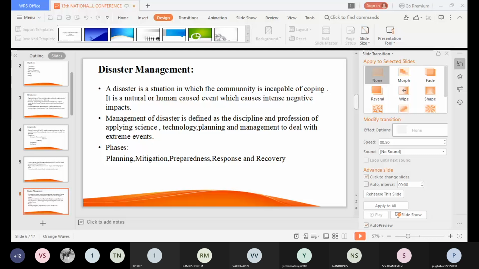Like if there is a flood, how many areas are covered by floods, or how far the earthquake affects the places. These are all easily analyzed using remote sensing.